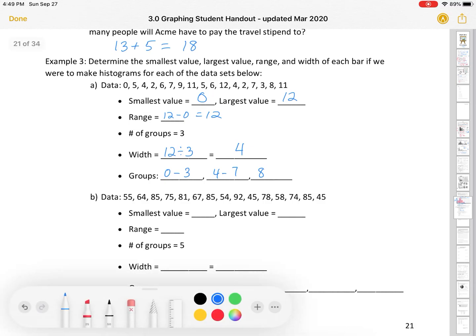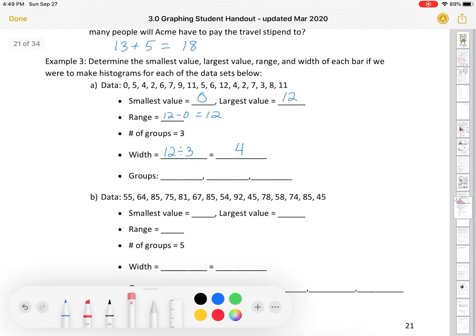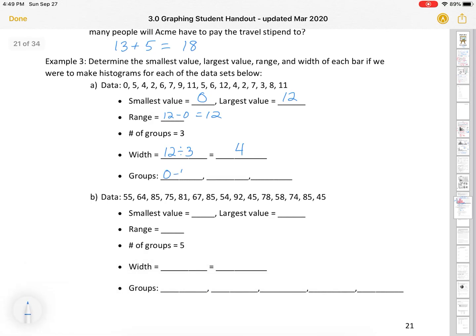Oh, this is number of groups. So if each one is 12, I do have a 0 though, right? So would it be 0 to 4?